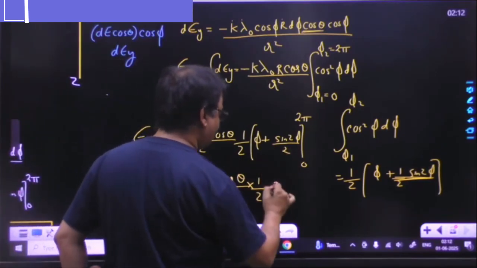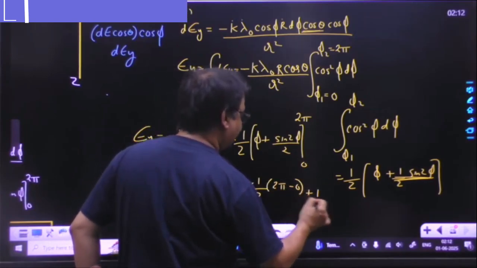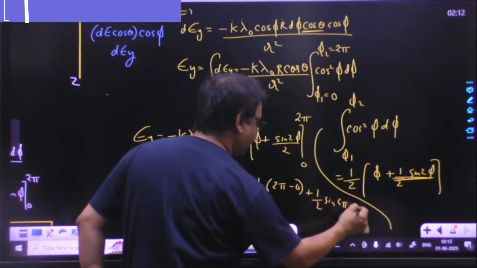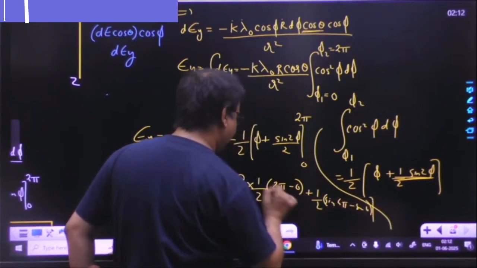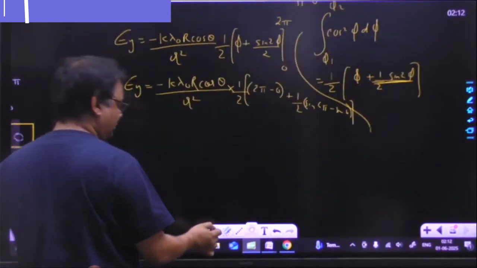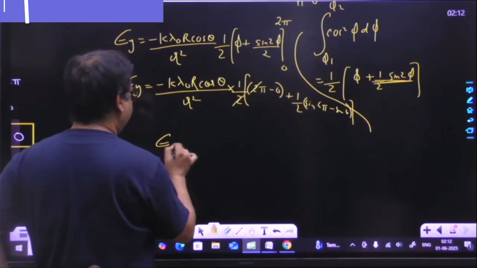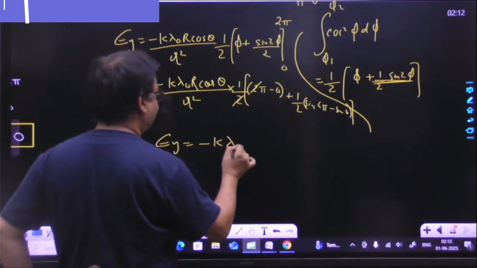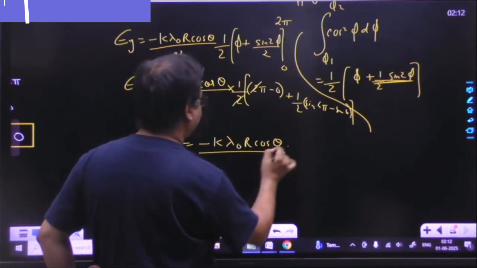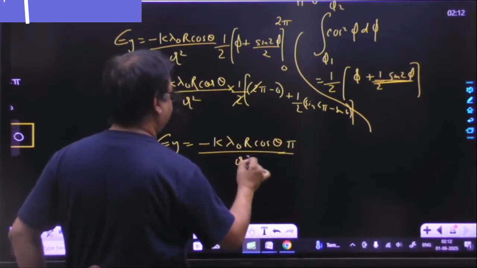Now put the limit: 2 pi minus 0, plus half, sine 4 pi minus sine 0. We know sine 4 pi will be 0, being an integral multiple of pi, sine 0 will be 0, and the 2 will get cancelled away. So I'll get Ey to be minus k lambda naught r cos theta times pi divided by r square.